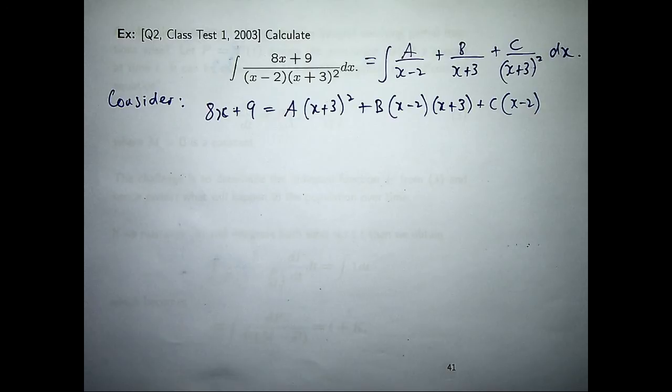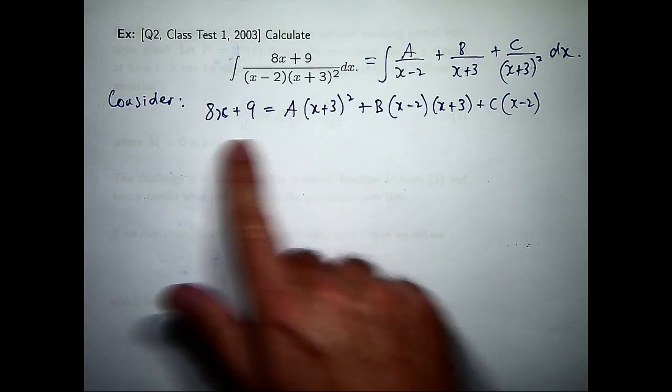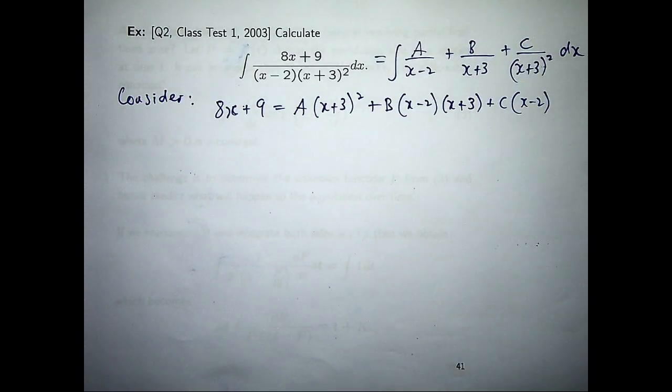Okay, so if you've seen this method before, which some of you may have, you've got a couple of choices here. You can expand the brackets and equate the coefficients. So all the x squareds on one side have got to equal all the x squareds on the other side, all the x's on one side have to equal all the x's on the other side, etc. I'm not going to do that. Essentially, I'm just going to choose values of x and find a, b, and c, hopefully, in a quick and easy manner.